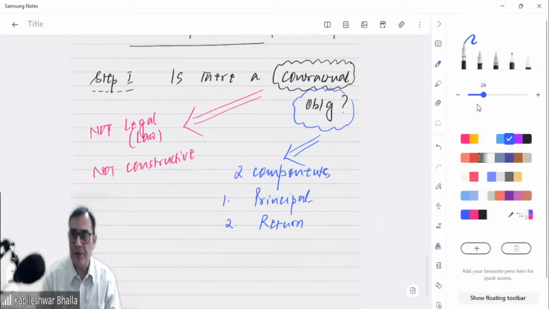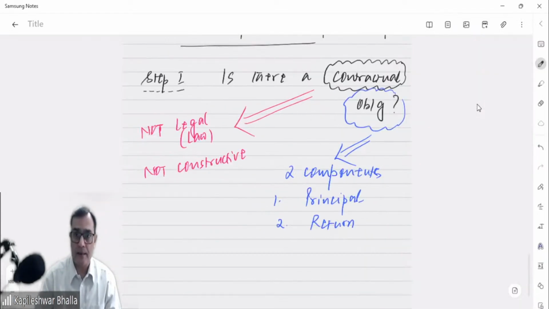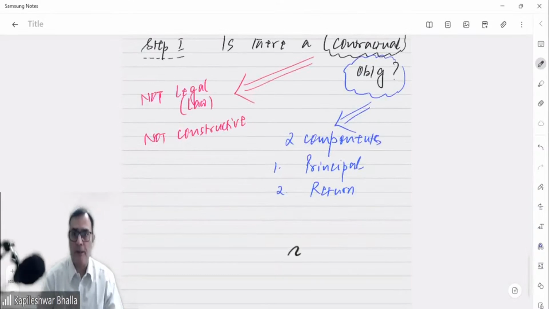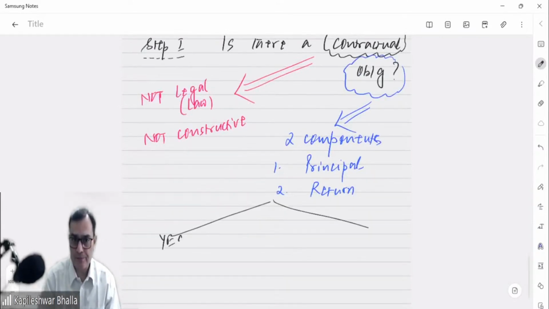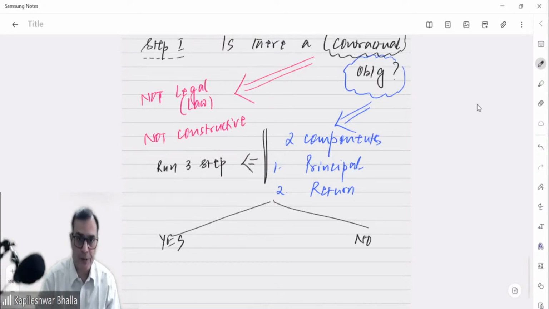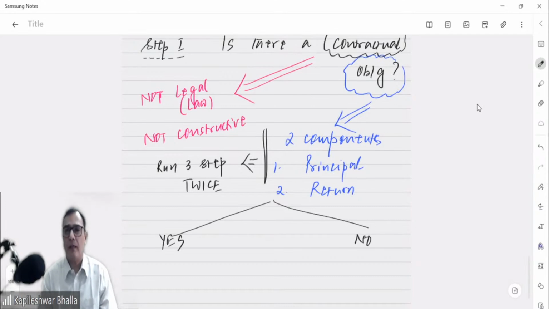So based on this, once you decide that yes, there is an obligation contractual in nature, we would say either a yes or a no. These two components will only remind you that you should run this three-step model twice.